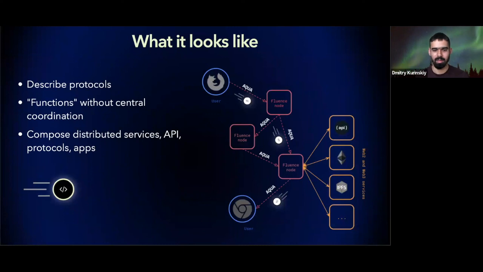It can get to another user, and it can reuse different protocols on the way. These functions, these protocols, have no need for central coordination, and it constitutes a single-use coordination network for every request.